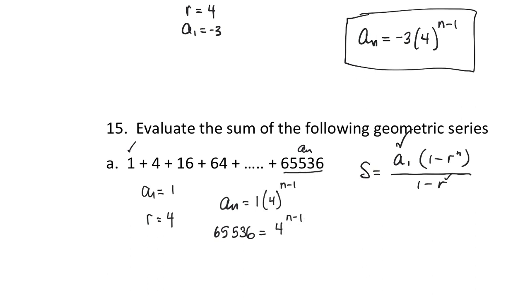Now this is an exponential equation to solve. So what we need to do is cancel this base so that we can get n minus 1 to not be an exponent. So we all know by now what cancels a base is a logarithm. So we've got to use a logarithm on both sides.